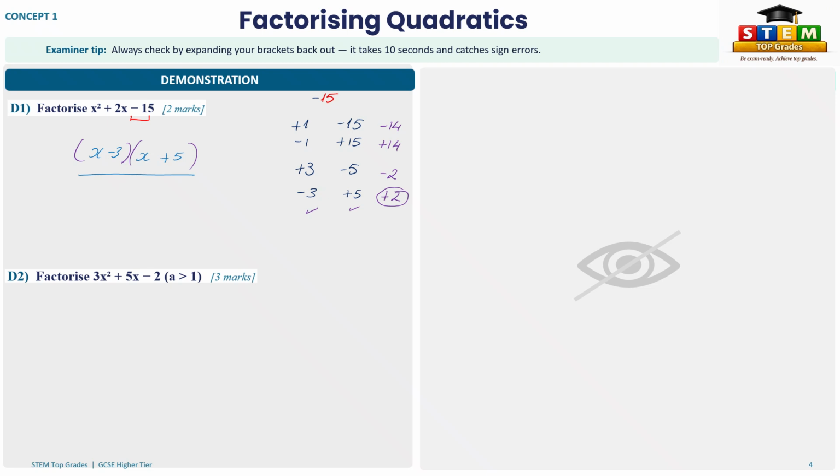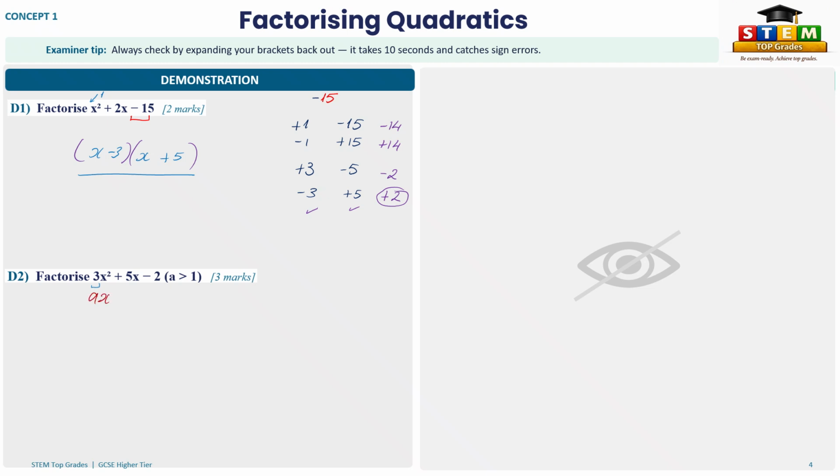Now, the next question is slightly different because, as you can see here, the coefficient of x squared in the first example is just 1, while in the second example it is 3. So we're going to be using what we call the AC method. In the AC method, you need to know what A represents.